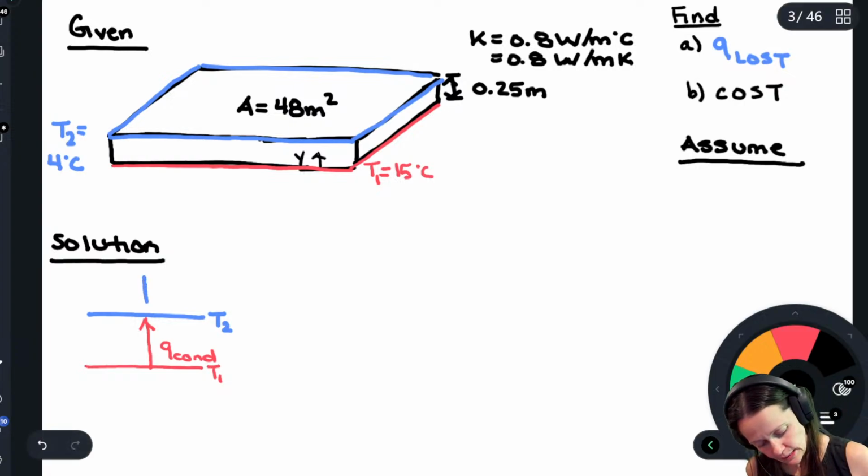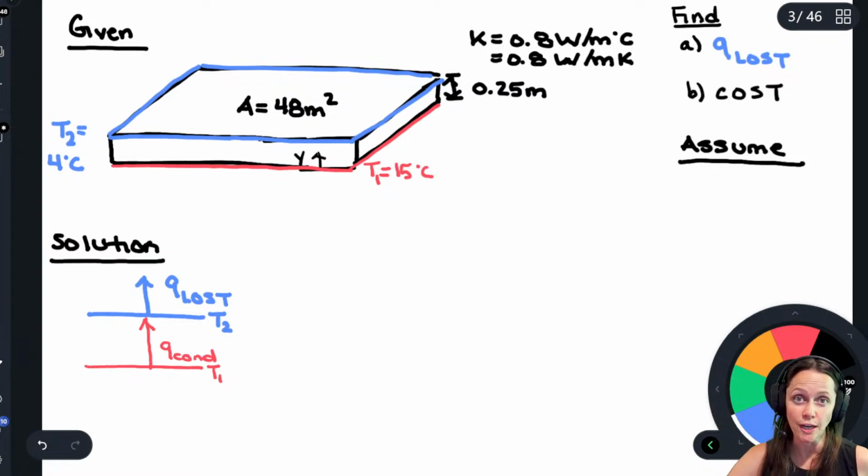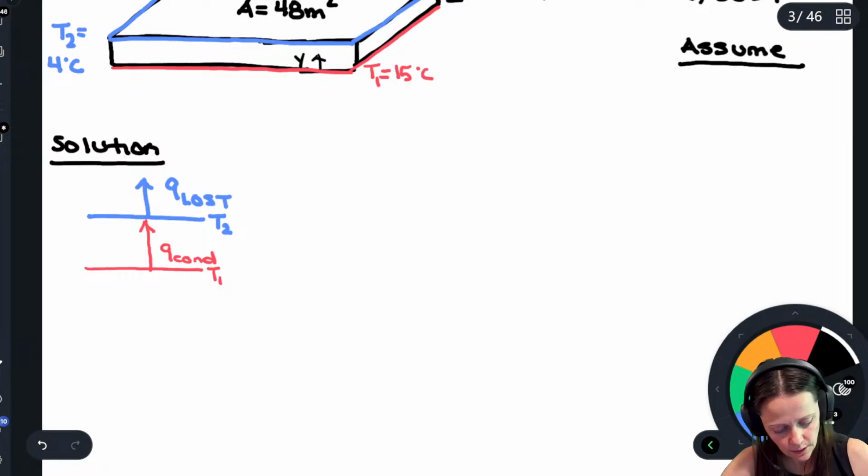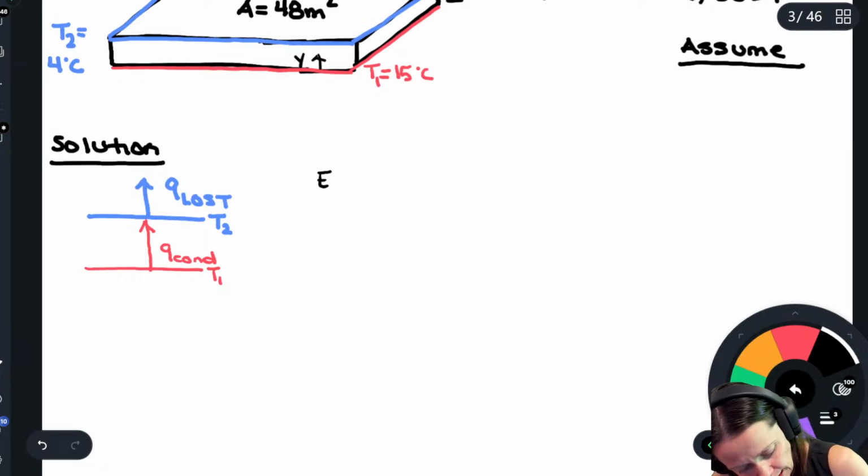But what they've asked is the rate of heat being lost. And it probably seems pretty obvious that those two things are equal to one another. But let's just make sure, let's show how the math really does show us that. So we're going to do an energy balance.